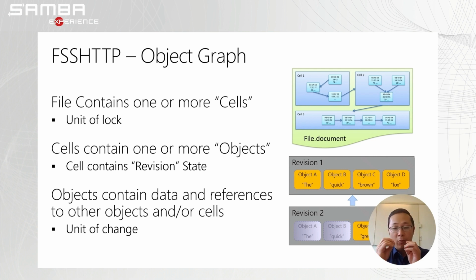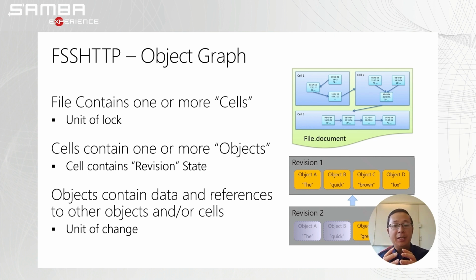One cell is a unit of lock, which means that multiple users doing co-authoring can work on different cells of the same document at the same time, but they cannot work on the same cell at the same time. So each cell is a unit of lock.